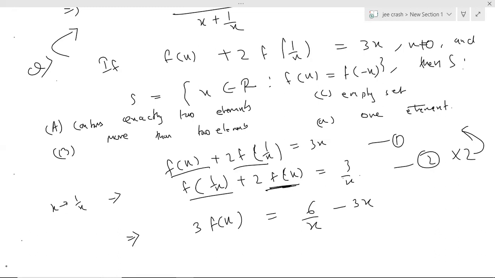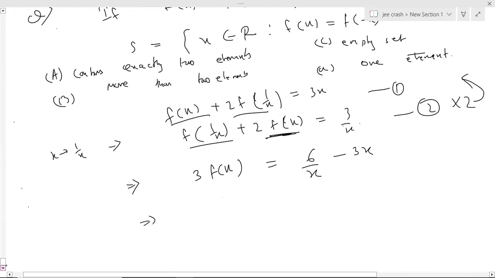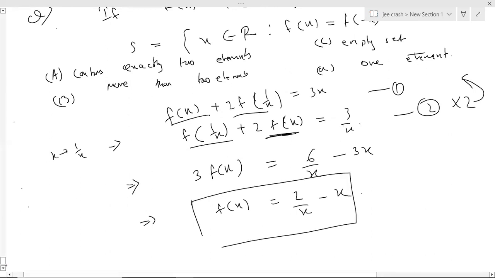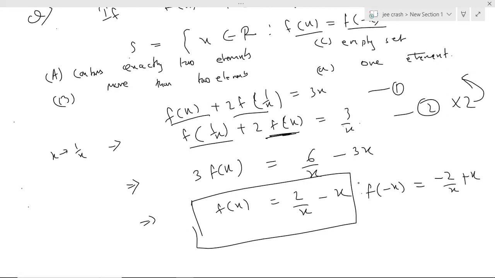Is it clear, all of you? Yes, sir. Okay. So let's divide this by 3 here. So f of x will be 2 upon x minus x. So we have got f of x. Now we can do everything. We are saying S is a set where f of x is equal to f of minus x. So if this is f of x, then f of minus x is minus 2 upon x plus x.